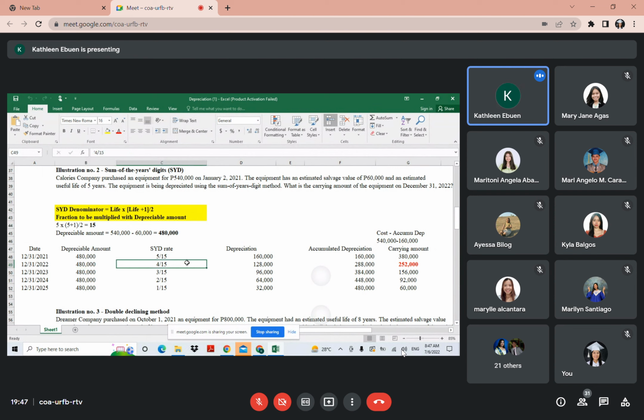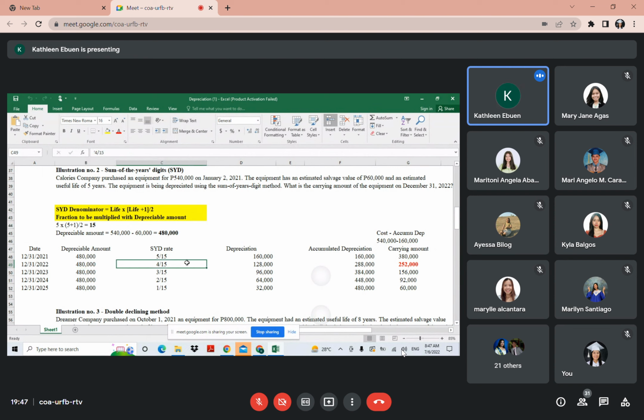So, dito naman ang tinatanong si depreciation expense. Year 2022. Okay. So, kailangan natin kuhanin si DB rate, which is 2 over life. So, 2 over 8 years, that is 25%. So, constant po ang ating DB rate. Okay.